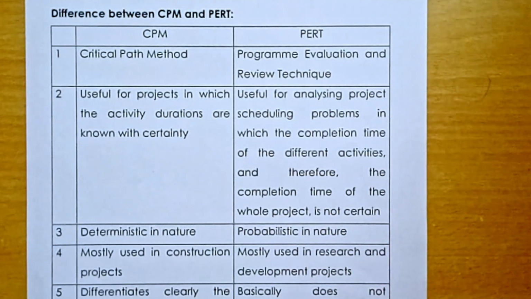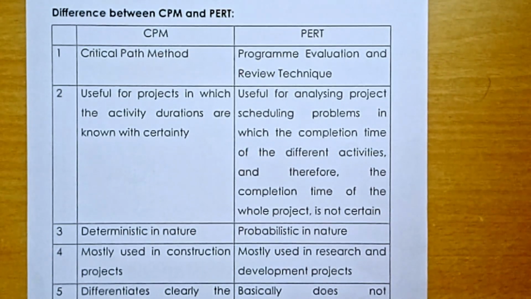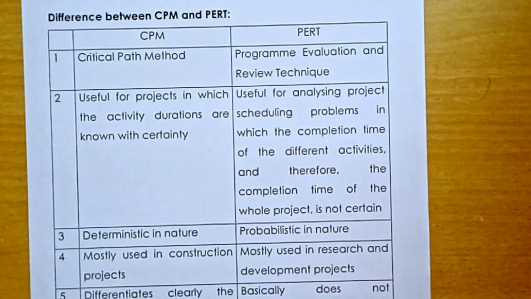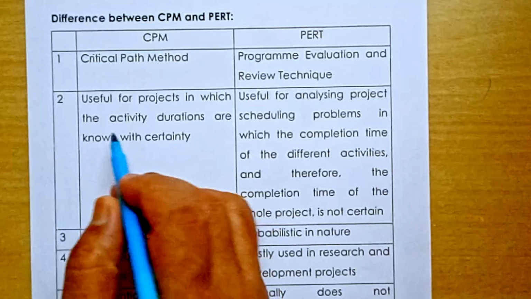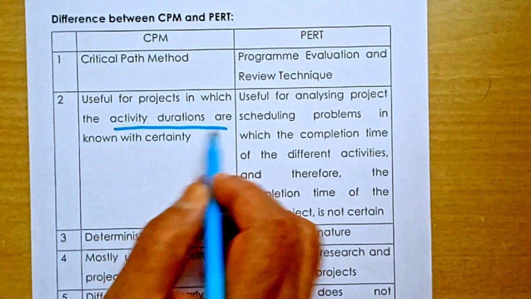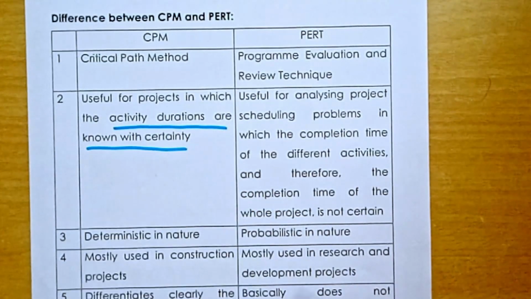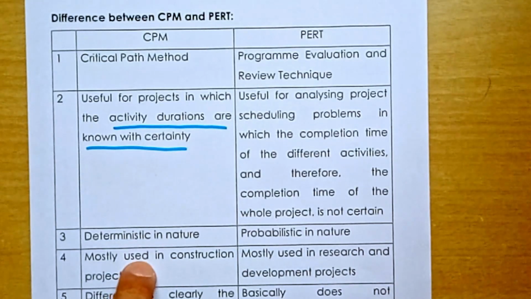Second, the critical path method is useful for projects in which the activity durations are known with certainty. This is in case of the critical path method.